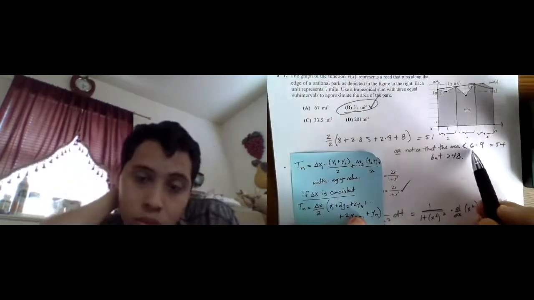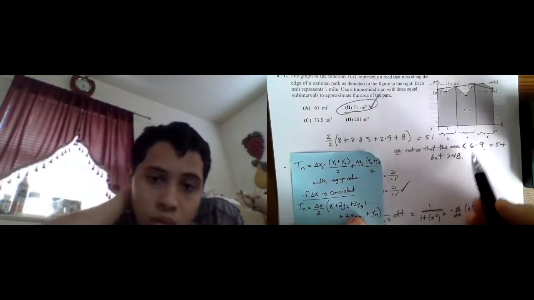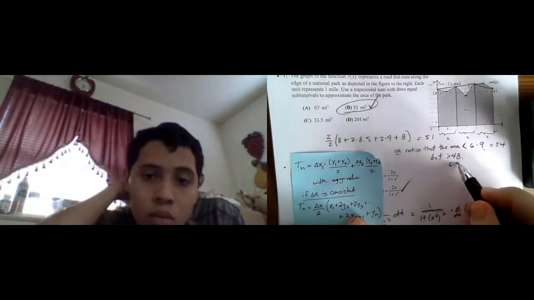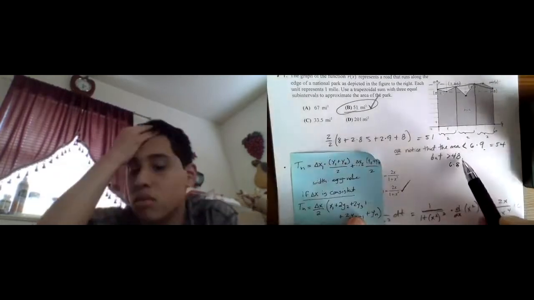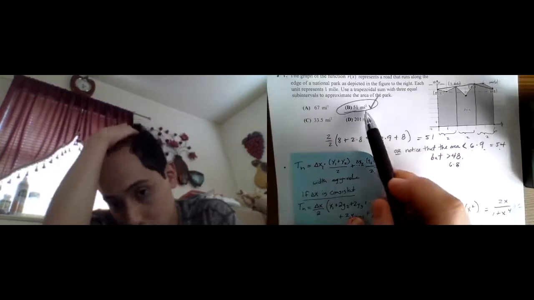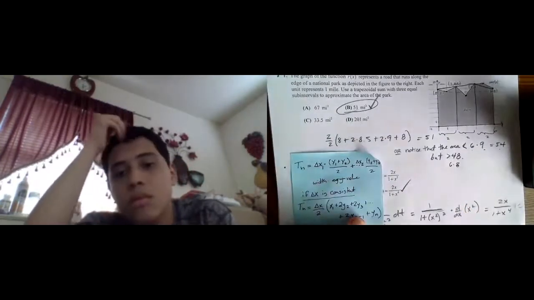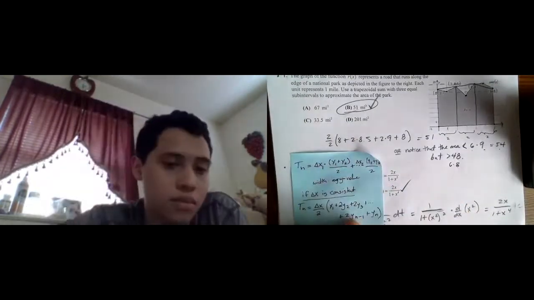It's going to be pretty close anyway. So the area of that big rectangle would be 6 times 9. The area of the smaller rectangle would be 6 times 8. So we know our answer's got to be between 48 and 54. The only one that's between 48 and 54 is choice B, even without doing the trapezoidal computation.